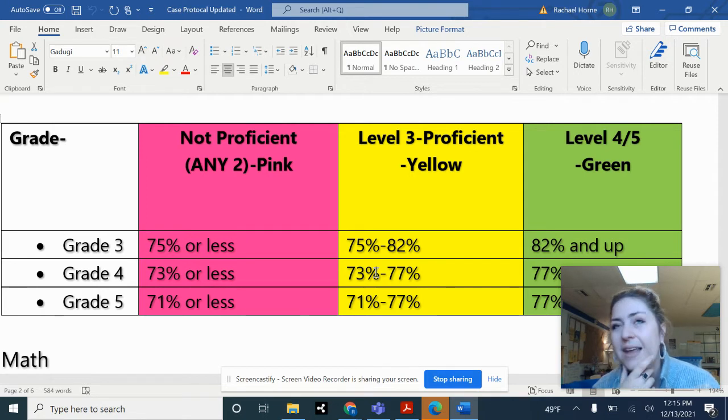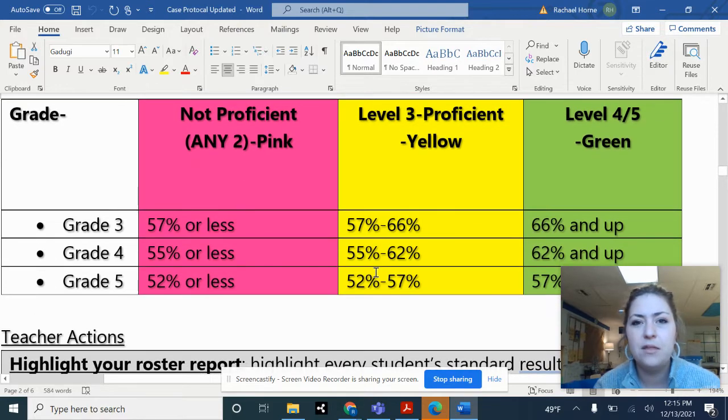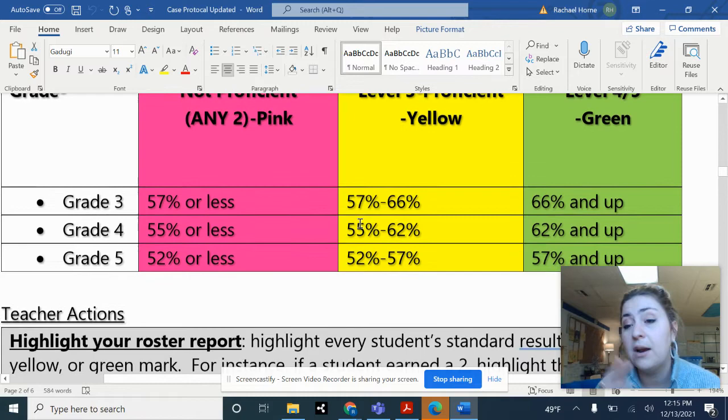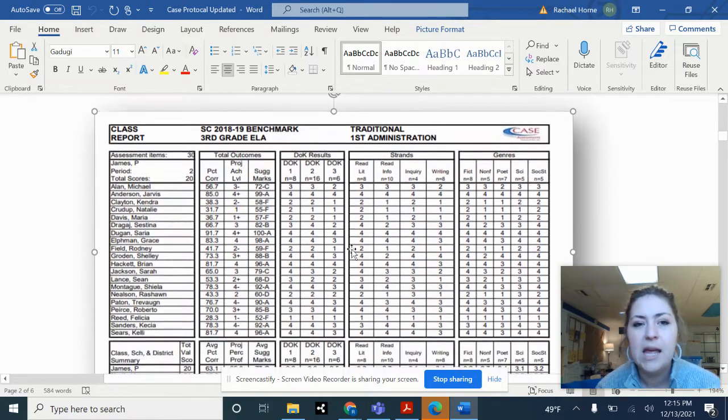A kid doesn't necessarily get a 1 or 2 label anymore. It's just 1 or 2 is not proficient. So 3 is your proficiency rate. If they're in math, the proficiency rate is 57% or higher in grade 3, 55% or higher in grade 4, and 52% or higher in grade 5. So there's some context for you.